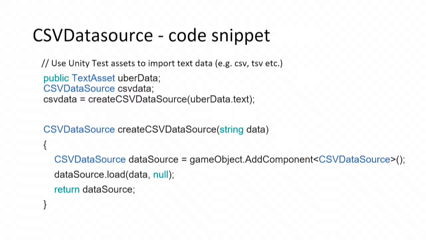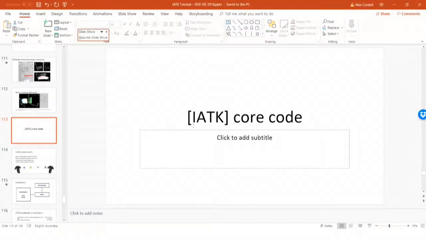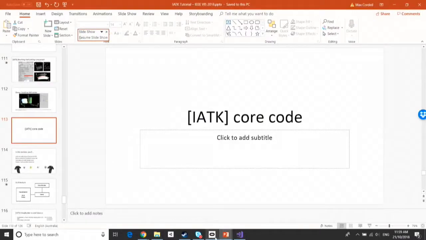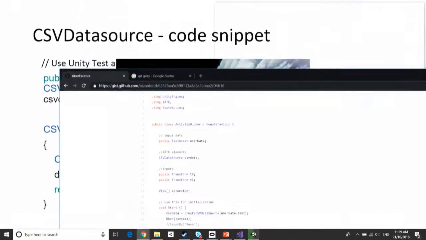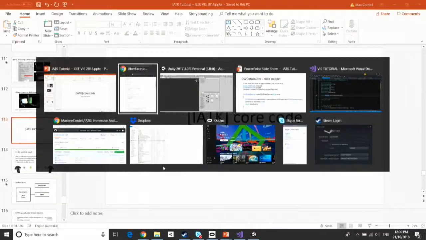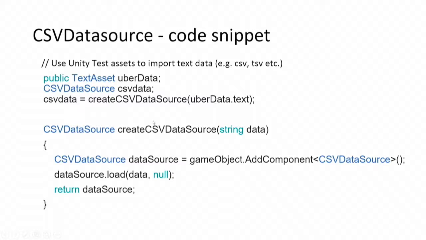So first of all, I'm going to jump back into Unity. And the first thing that we're going to do once it loads, because I think it's still loading, is see how we can programmatically load a data set. To programmatically load a data set, what we're going to use is a class in the IATK called CSVDataSource.